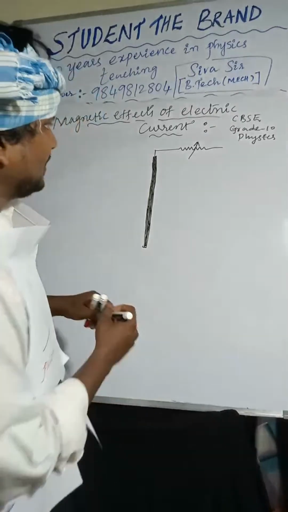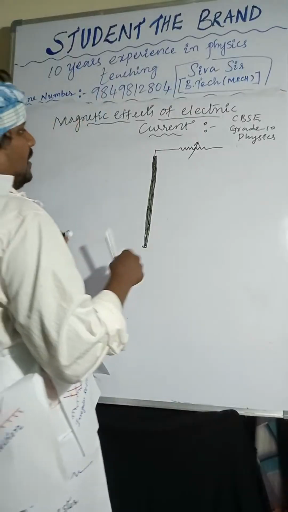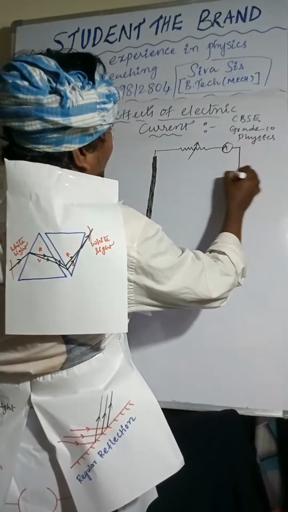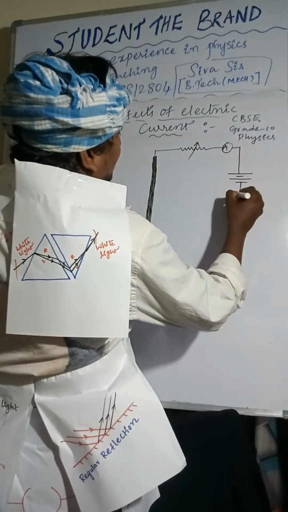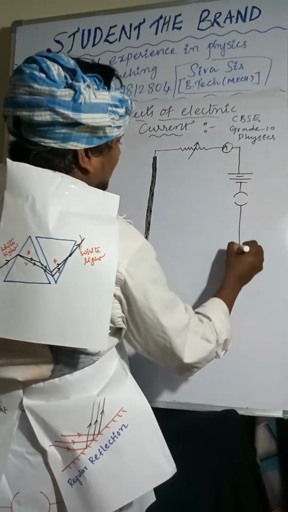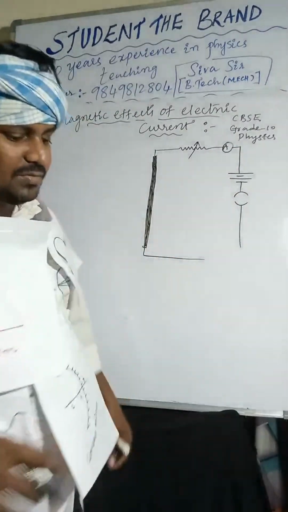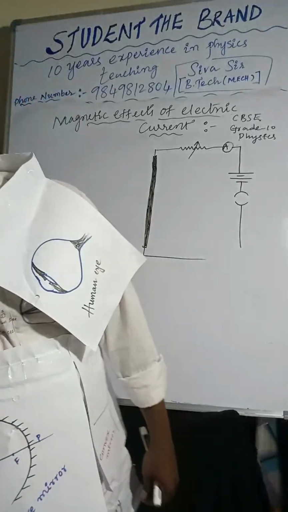Now I am taking an ammeter, a battery, and a switch like this.